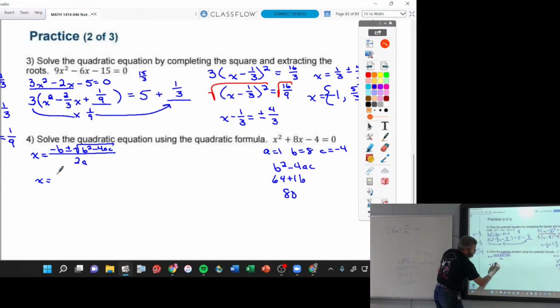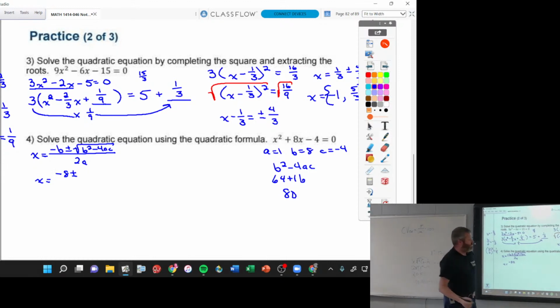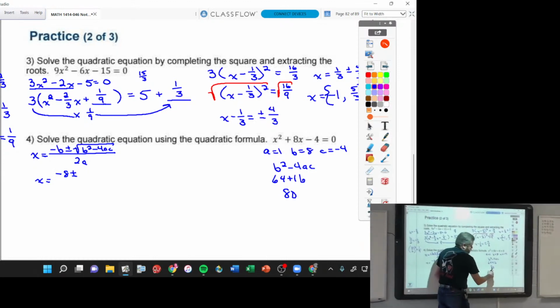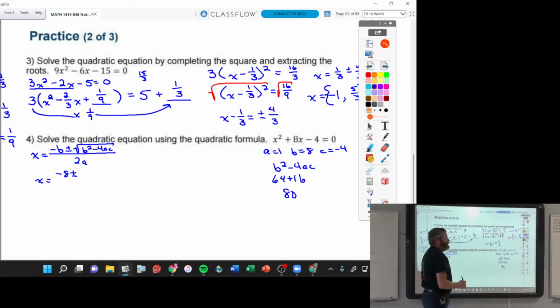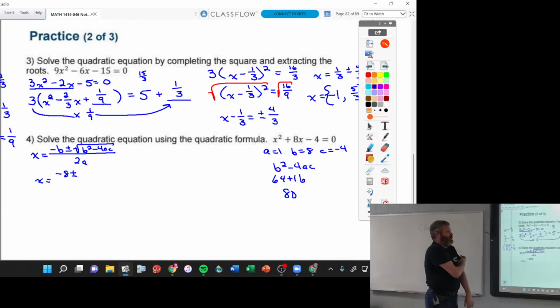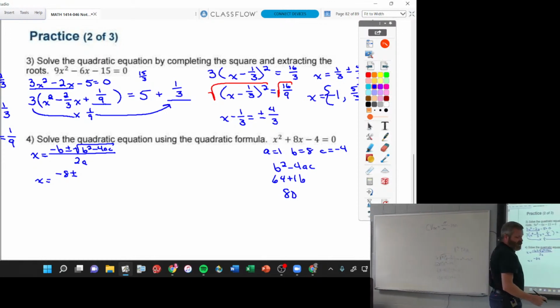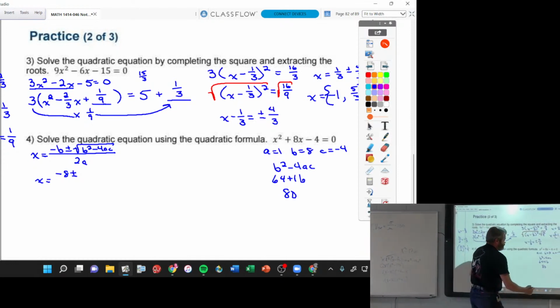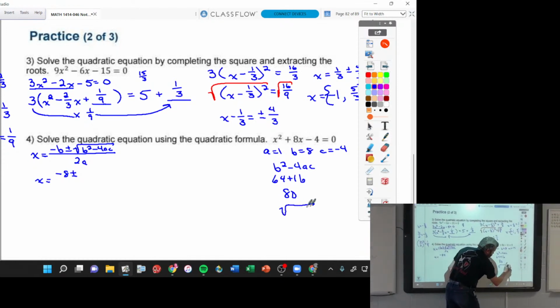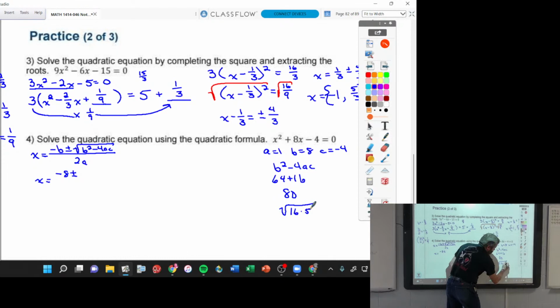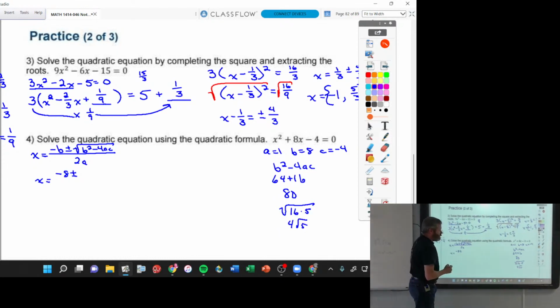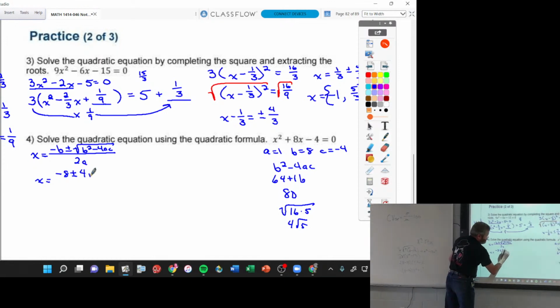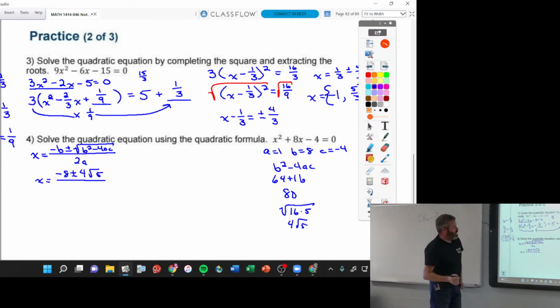Negative b, that would be negative 8 plus or minus, I've got the square root of 80. Perfect squares in 80. Well, 16 times 5 is 80. So that'd be the square root of 16 times 5, which would be 4 root 5. 4 square roots of 5. All over, 2 times 1 is 2.